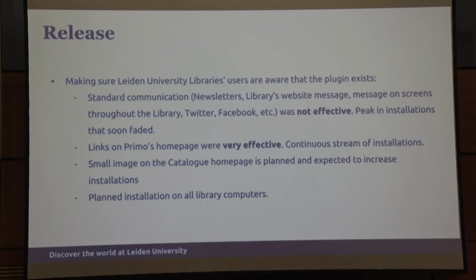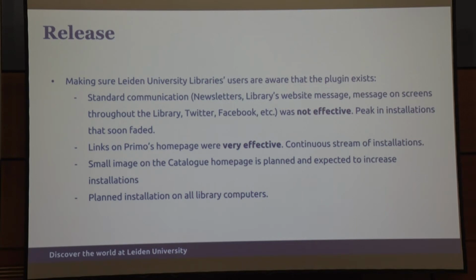We had a peak of installations way at the beginning when we released the first version, and then nothing happened. Nobody was installing the plugin anymore. So our solution, or better, my solution, was to place the link directly on the catalog itself.